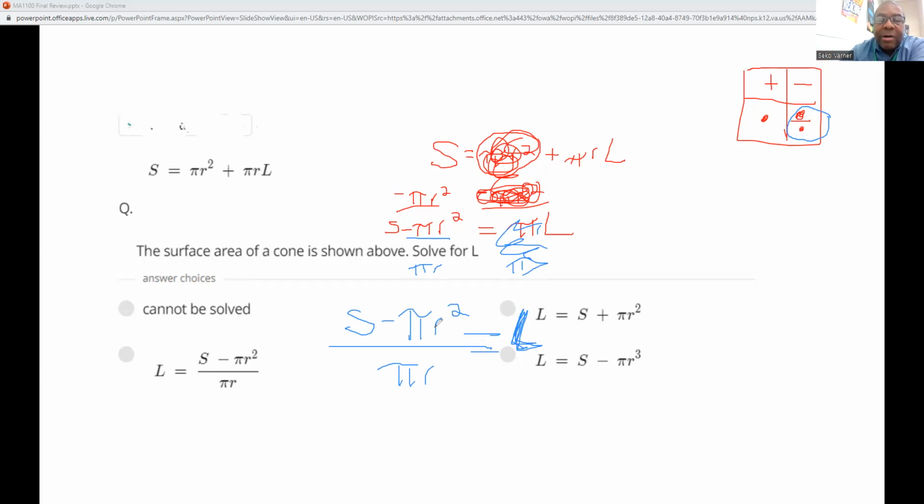S minus pi R squared divided by pi R, because this is pi R squared, so it can't just automatically cancel, I have to leave it like that. So which one is S minus pi R squared divided by pi R equals L? It's this one. Whew, that was challenging, but as I said earlier, we got through it.